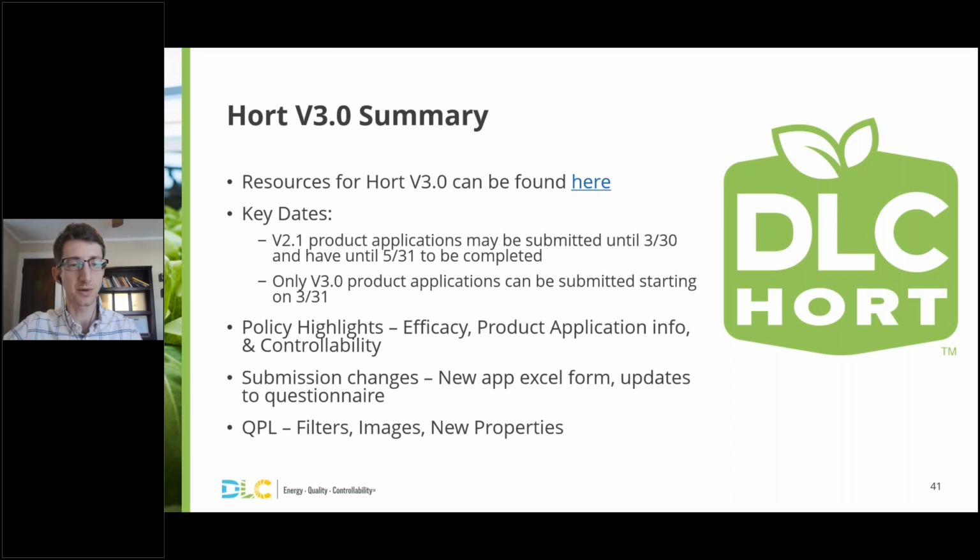Then lastly, we went through the updates to the questionnaire. So that primarily is the image section, the image page on the questionnaire. And lastly, we went through the QPL. We had talked about the new filters, how the images will show up, and those new properties.